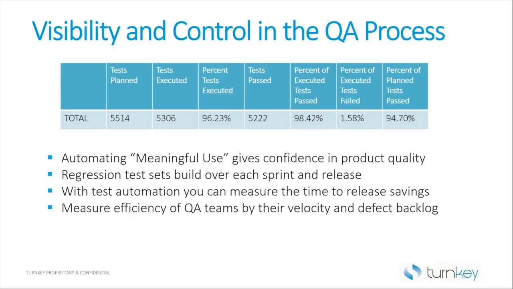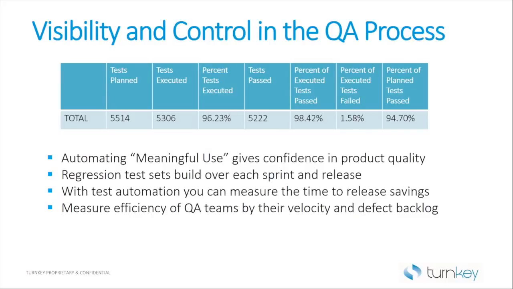Visibility and control in the QA process is critical to ensure projects are meeting timeline and quality goals from a DevOps perspective. Automating meaningful use test cases to cover the business critical scenarios ensures confidence in product quality. Automated regression test sets built over each sprint and release can give a sense of whether application quality is increasing throughout the software lifecycle.